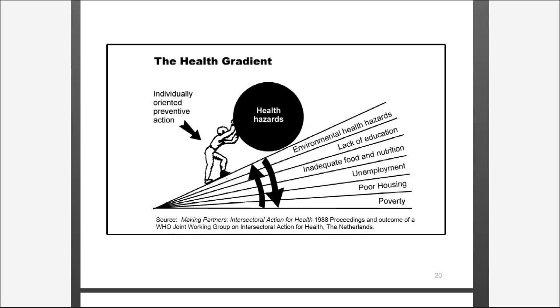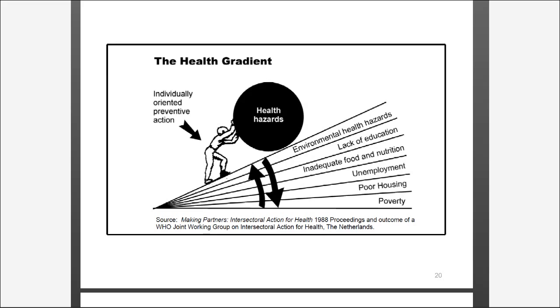I'm going to start with the rationale for working intersectorally if we want to tackle the health gradient. The health gradient is something we've known about for decades now, and even for the rationale I'll give you for health in all policies, I'm using a slide from 1988, just to make the point that this is nothing new.